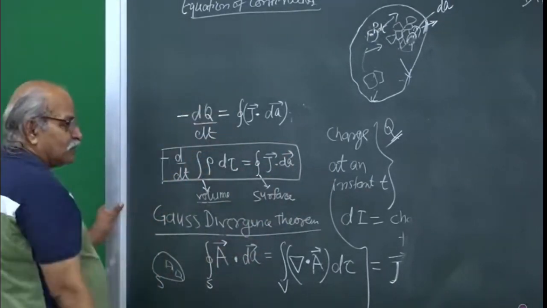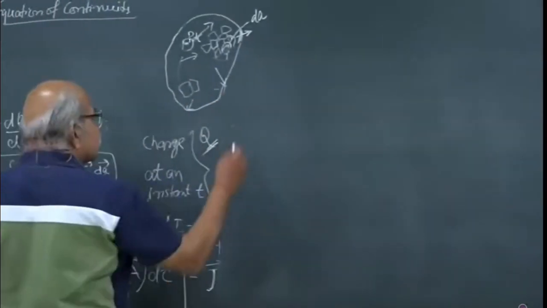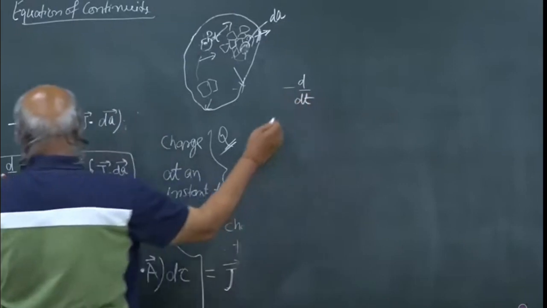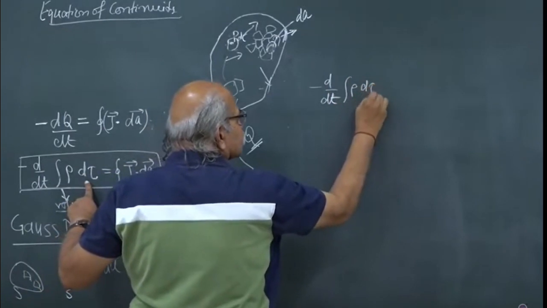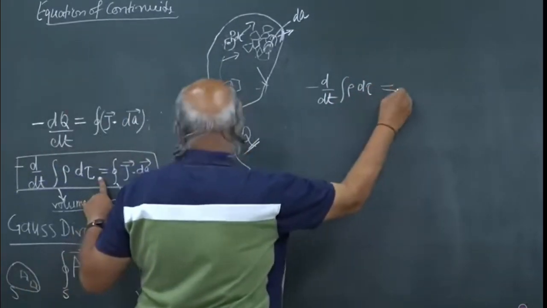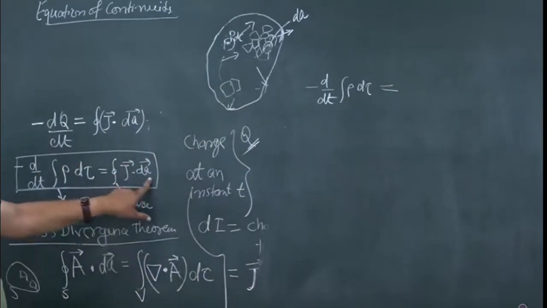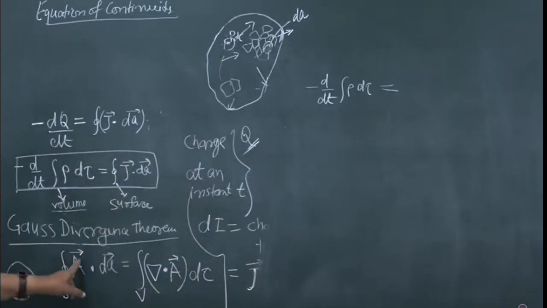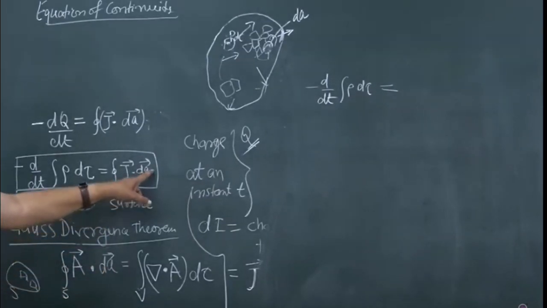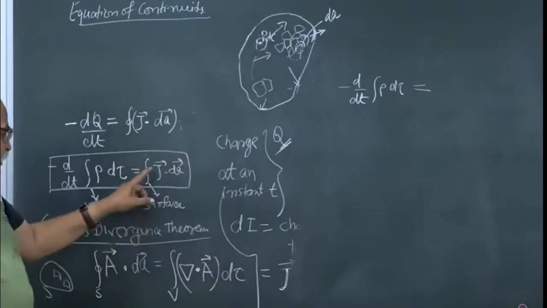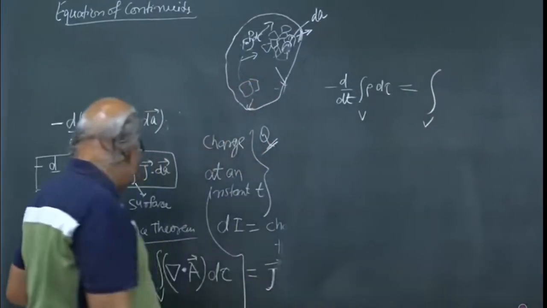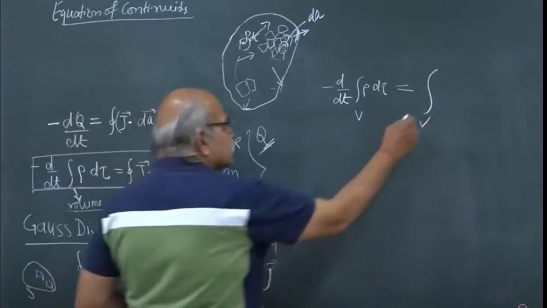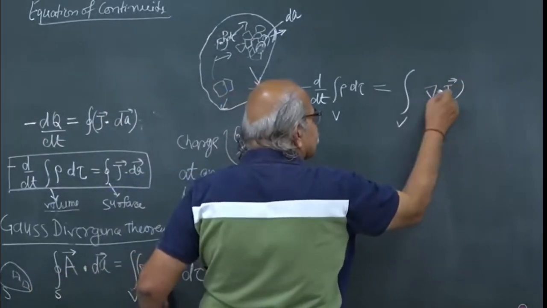This equation I am going to write once again. Minus d dt of the integral of rho d tau is equal to the integral of j dot dA. Look at this: integration of j dot dA over the closed surface of this volume, and therefore I can write this as a volume integration of the divergence of j d tau.